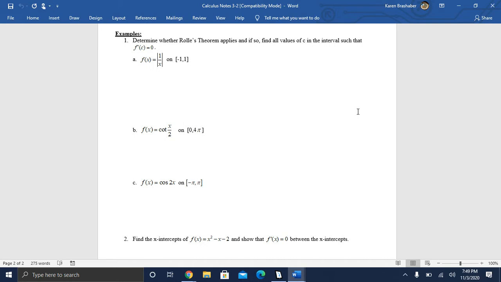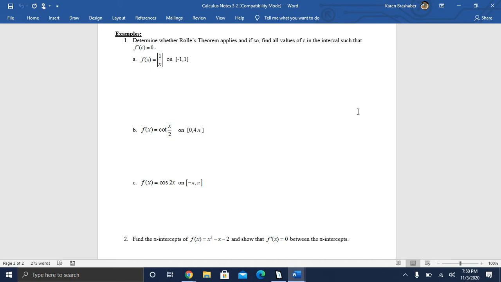So on our first problem, and I'm going to call this a red flag problem because not only is it an absolute value, but we also have an x in the denominator. If you have an x in the denominator, then somewhere in that domain, you probably have a discontinuity.